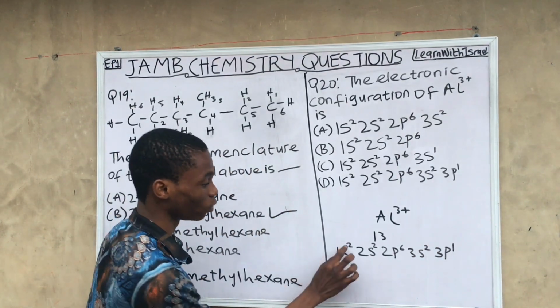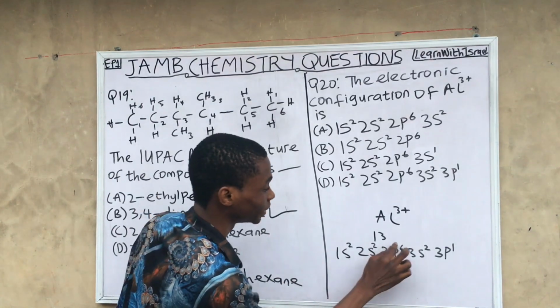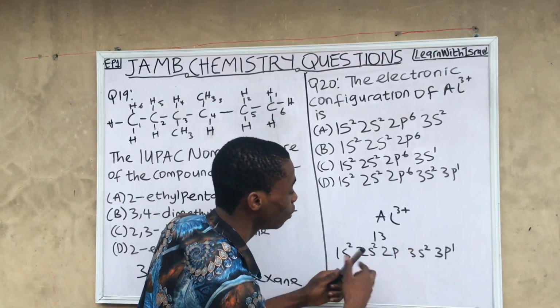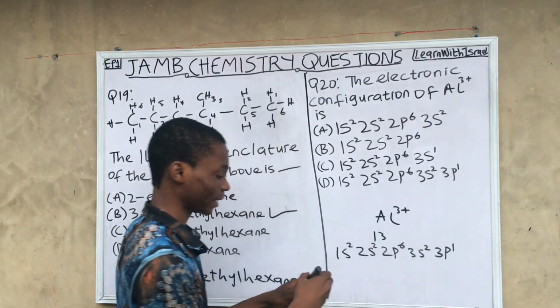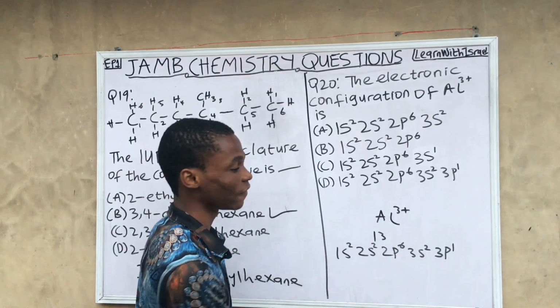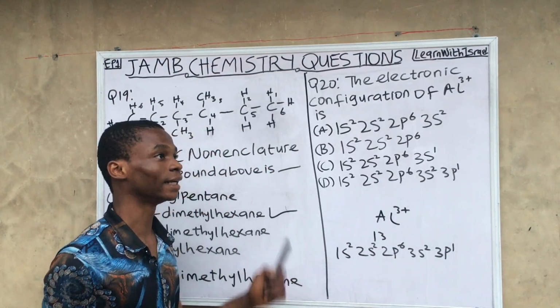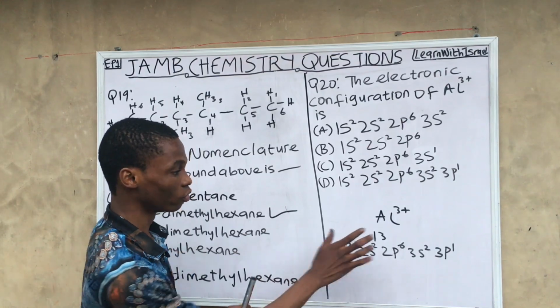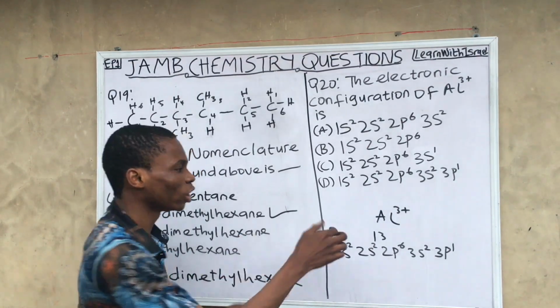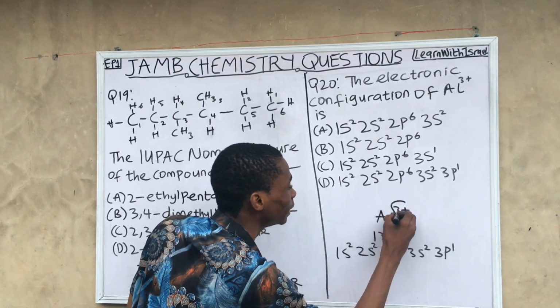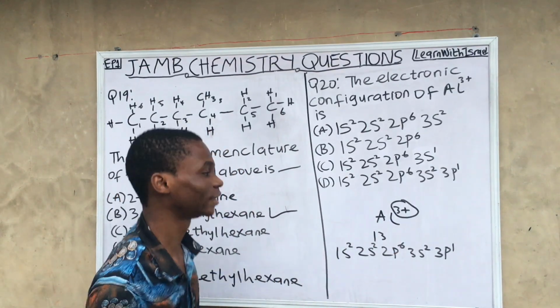If we add it, 2 plus 2 is 4, 4 plus 6 is 10, 10 plus 2 is 12, and 12 plus 1 is 13, because aluminium is 13. But we won't do it like that. Do you know why? Because of the 3+ here. This 3+ means we remove 3 electrons.